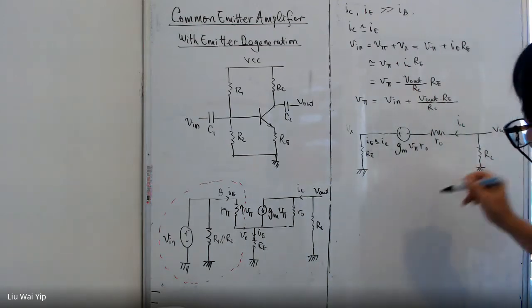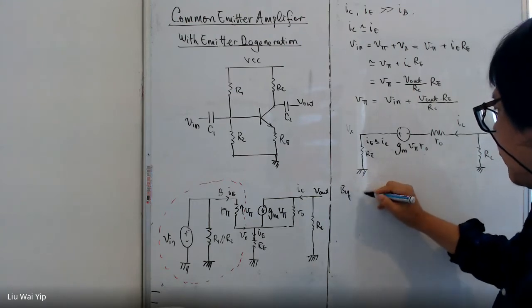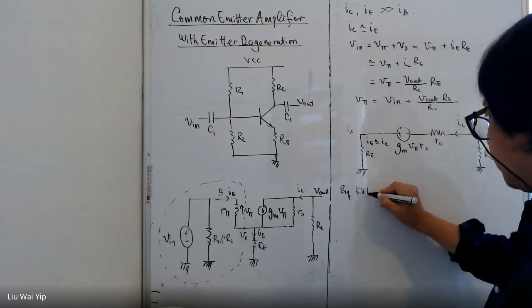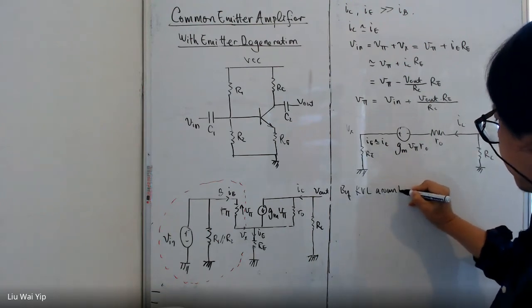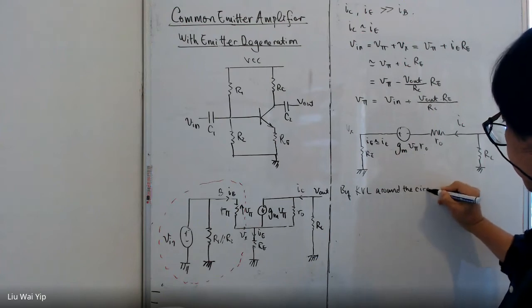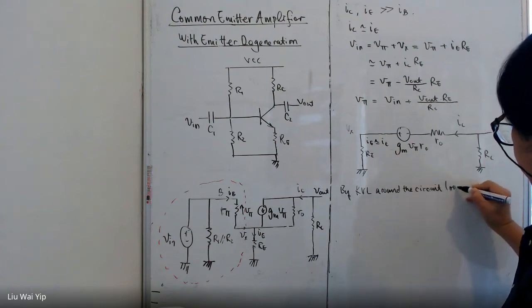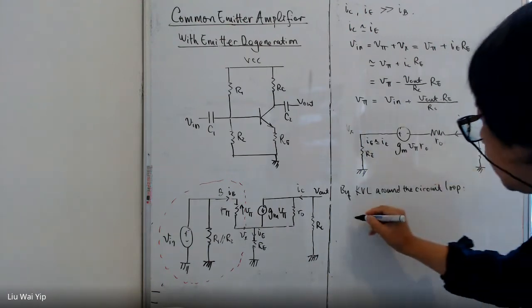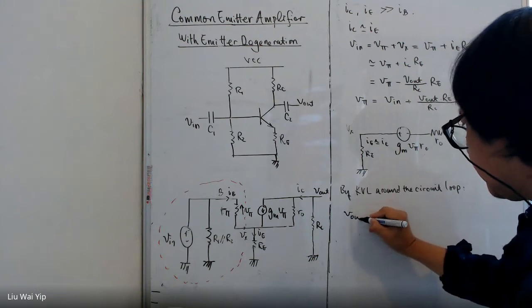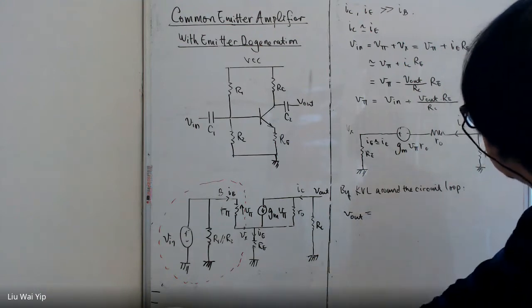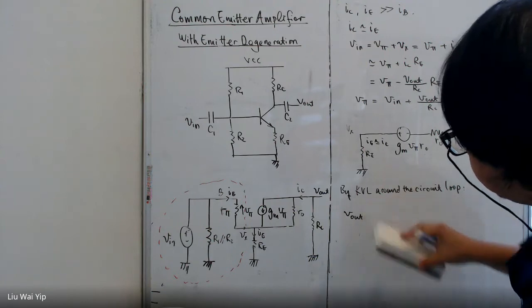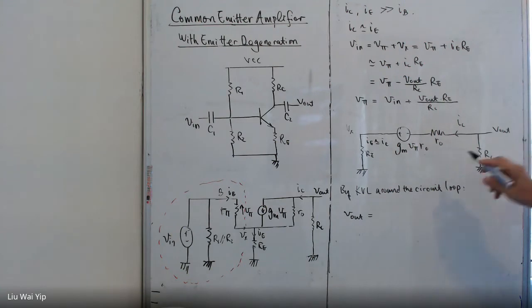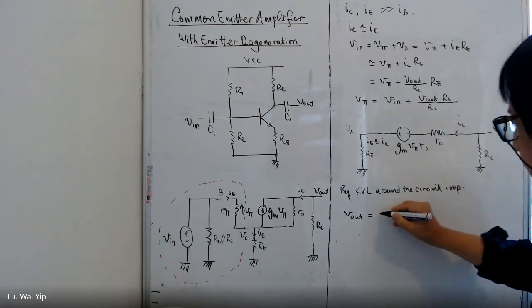By Kirchhoff's voltage law, VL now is equal to IC times this resistance and times this resistance.